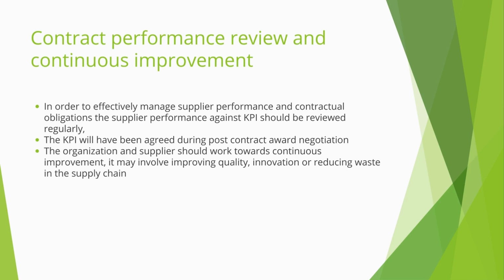So in order to effectively manage supplier performance and contractual obligations, the supplier performance against key performance indicators should be reviewed regularly. The key performance indicators would have been agreed during post-contract award negotiation. So the organization and supplier should work towards continuous improvement. It may involve improving quality, innovation, or reducing waste in the supply chain.